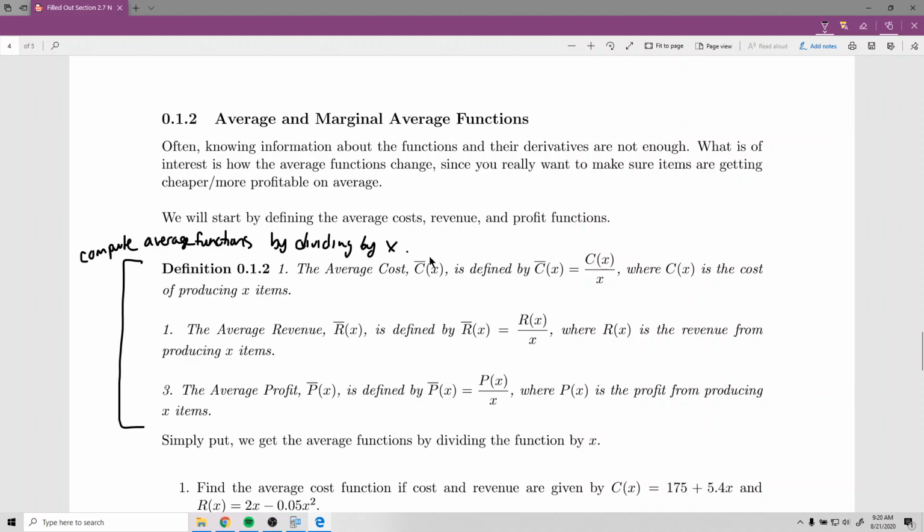And we use this bar to represent average, but that's not something I require you to remember. So this C bar of x means the average cost. All right, and revenue and profit are exactly the same ideas.